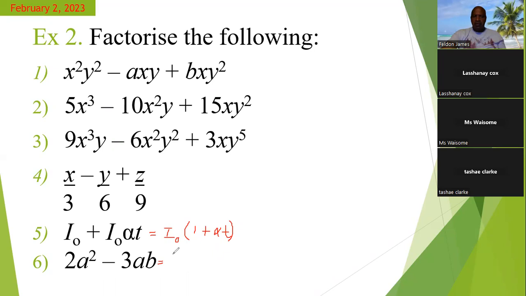So really and truly, our HCF would be 1 for the numbers and A for the letters. However, we won't write 1A for the HCF. We're just going to write A, because when you multiply a term by 1, you get back that term. So 1A is just A. So our HCF here would be just A.